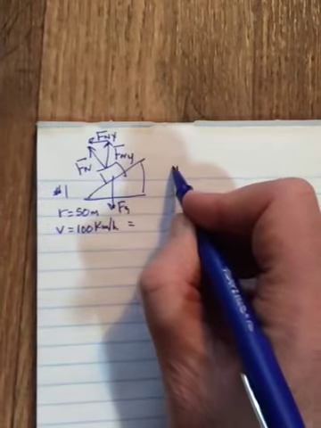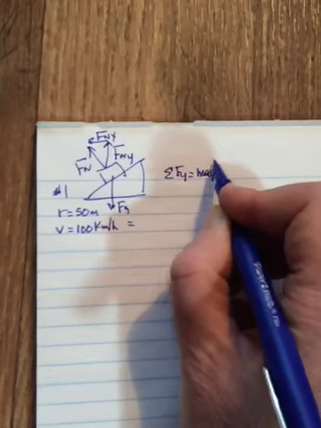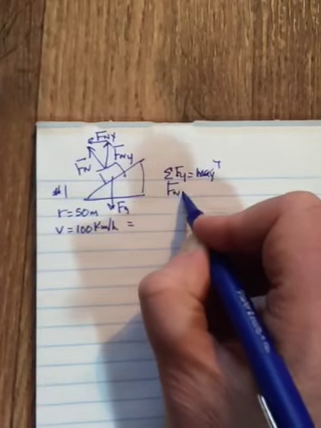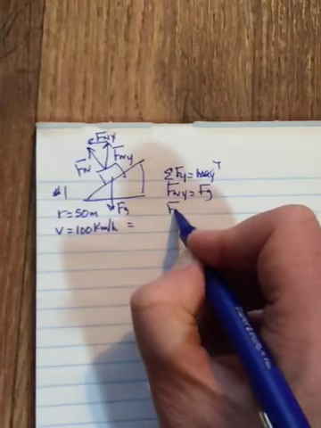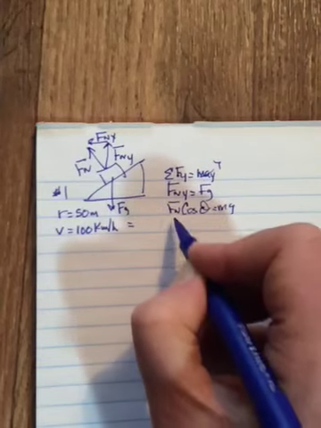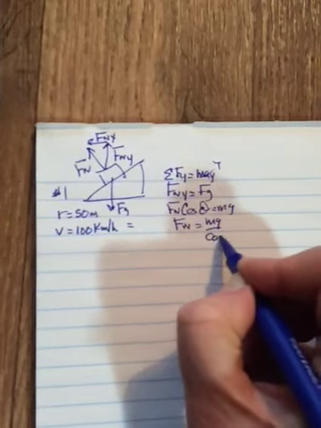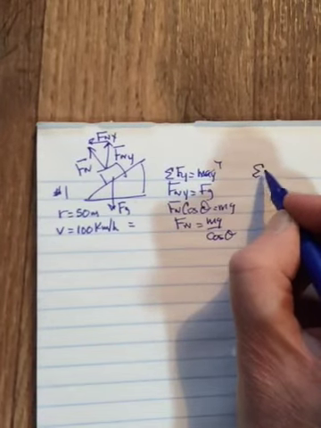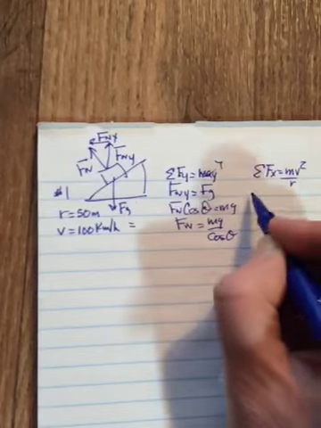So again, the sum of the forces in the y is going to be 0, so it'll be F_ny equals F_g, so F_n cos theta equals mg, F_n equals mg over cos theta. Then we go to the sum of the forces in the x equal to mv squared over r.